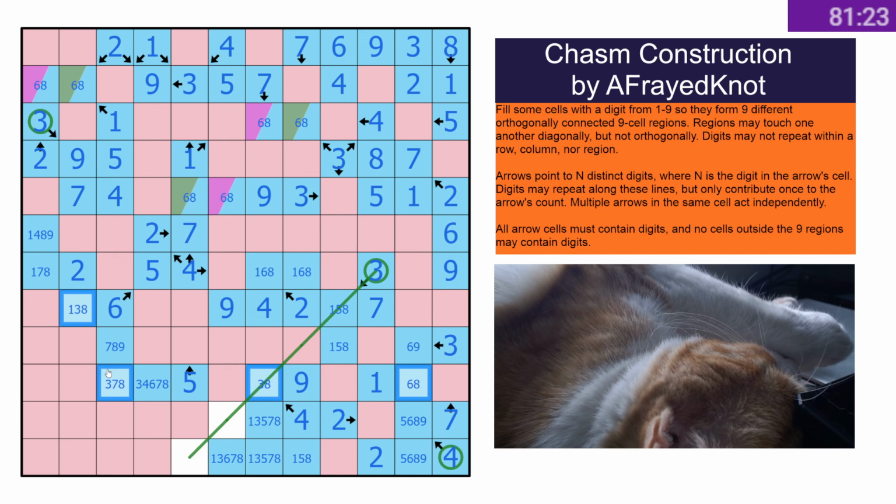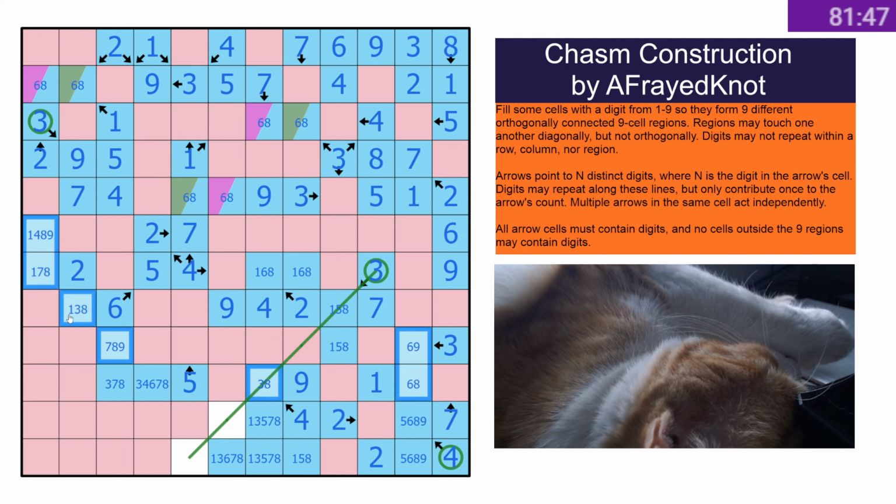Hmm. 4, 4, 9, 6. How many steps do I have to do it to take it? 4, 9, 6, 8, 3. Can't even remember what I broke now. 4, 9, 6, 8, 3. Put 3 and 8, and then there's no space for 1.